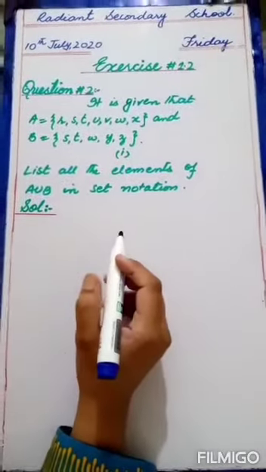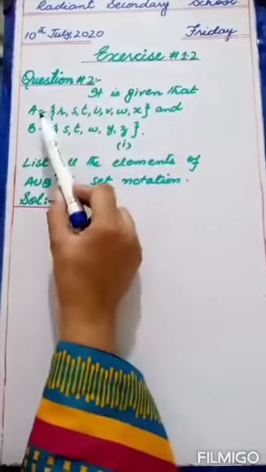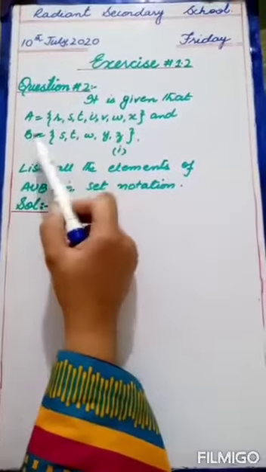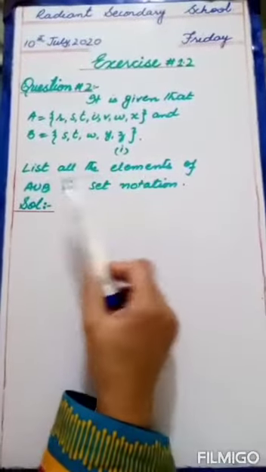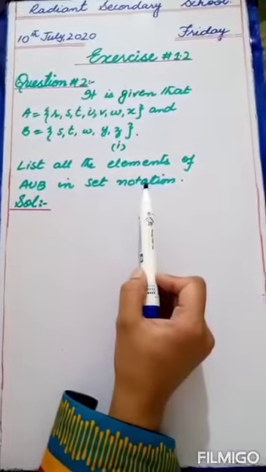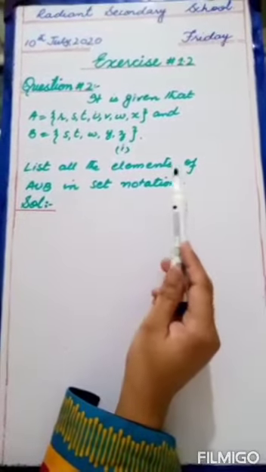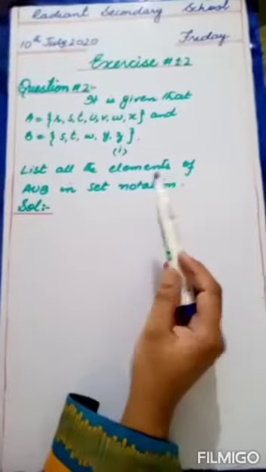Now students, question number 2 is there. In this question it is given that set A is equal to R, S, T, U, V, W and X and B is equal to S, T, W, Y and Z. We have to list all the elements of A union B in set notation. It means we have to find simply A union B. It means we have to combine all the elements of both the sets.